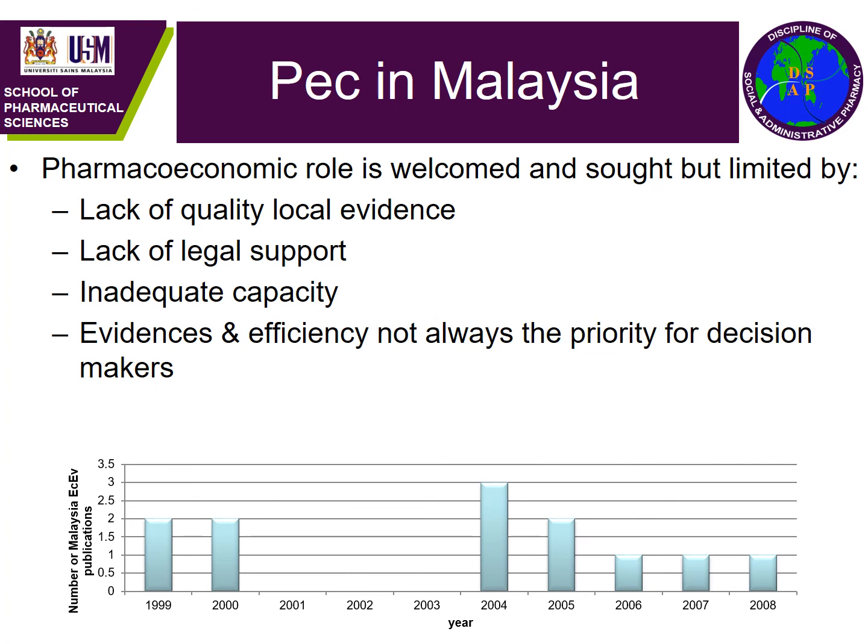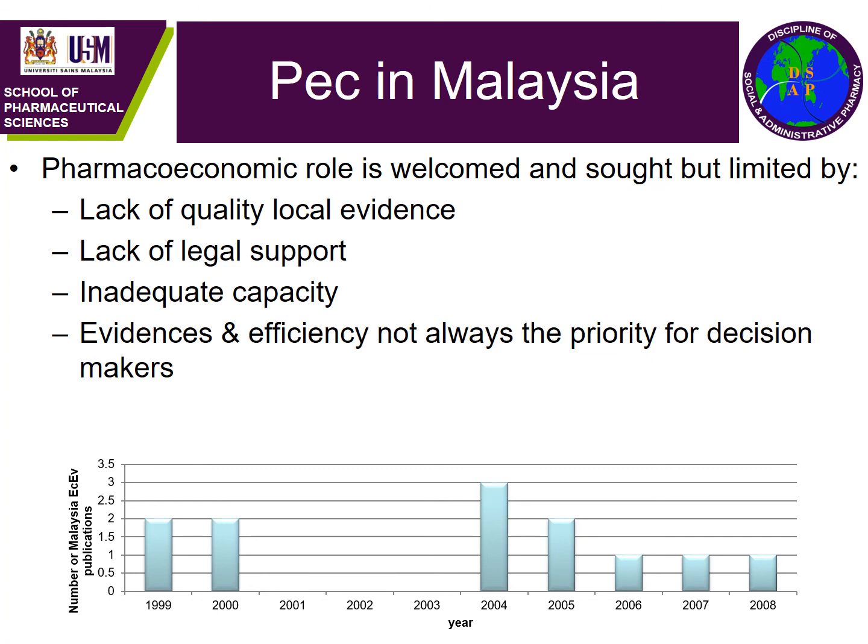But in Malaysia, we might have a problem if the legislation does not support the decision using pharmacoeconomic evidence. We also have a problem of inadequate capacity. We do not have many experts in Malaysia who are competent to conduct or interpret pharmacoeconomic evidence.